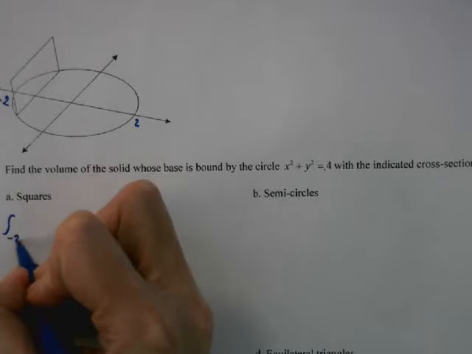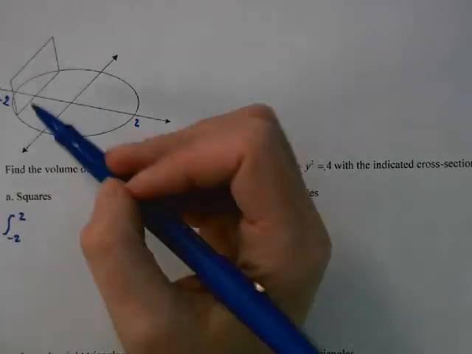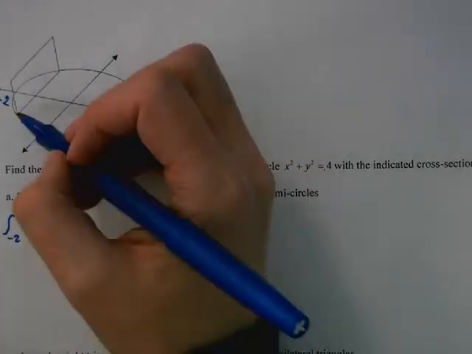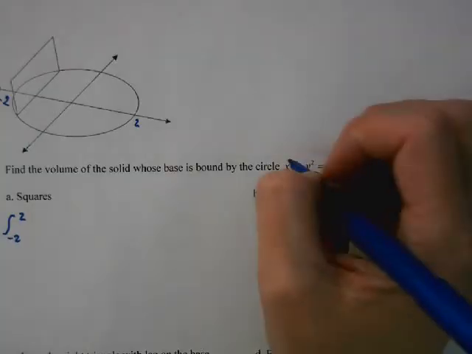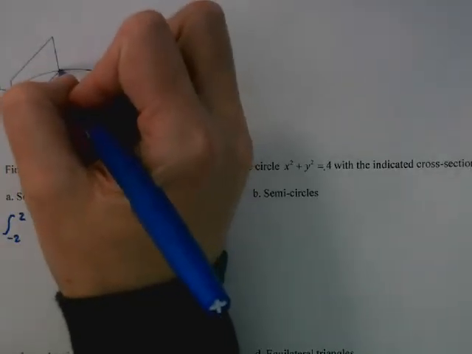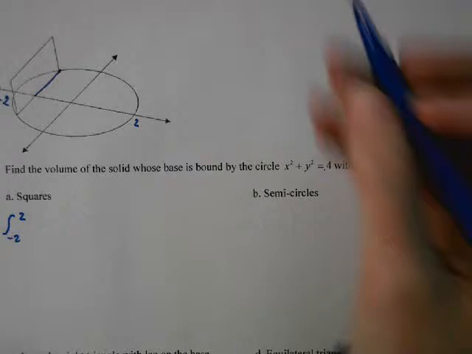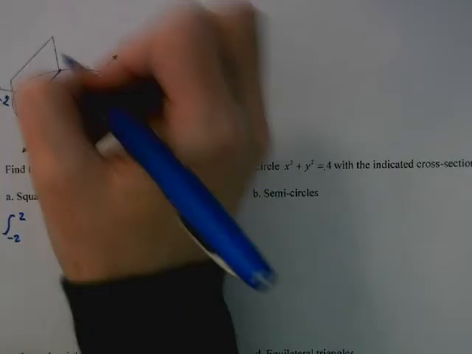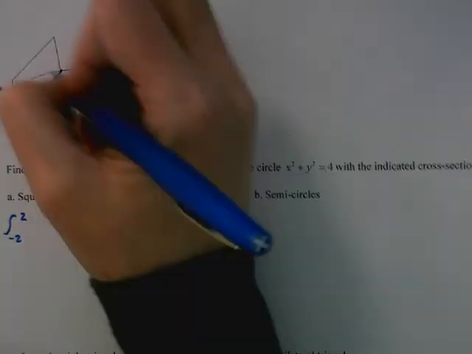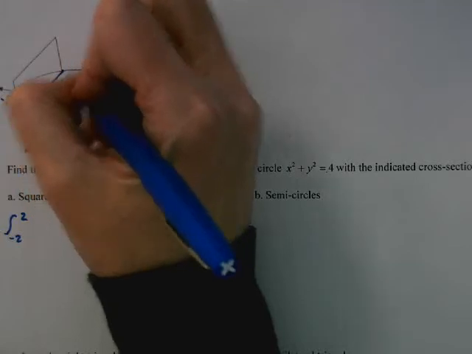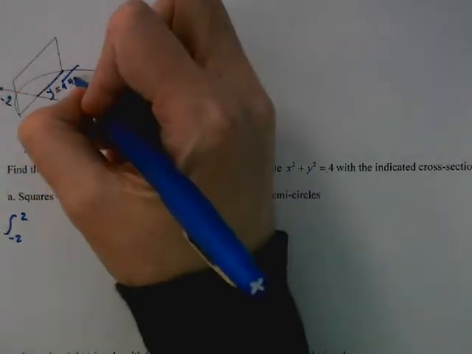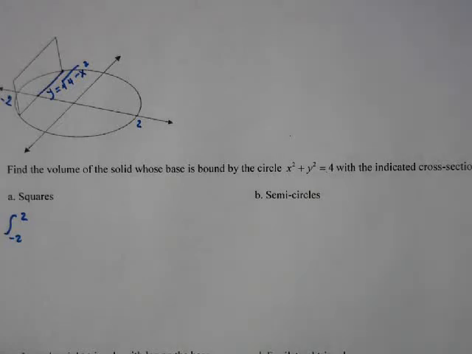So this is going to be the integral from -2 to 2 of just the area of one of these squares. Well, this distance here, if I solved this for y, this is going to be y equals the square root of 4 minus x squared.